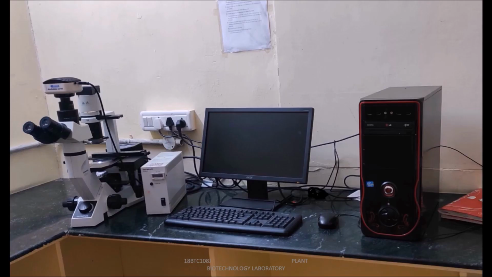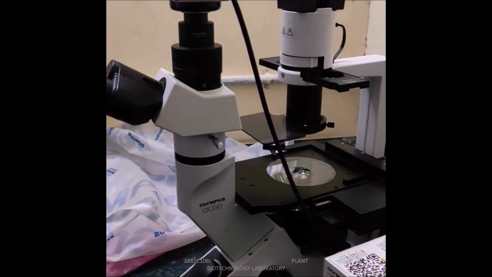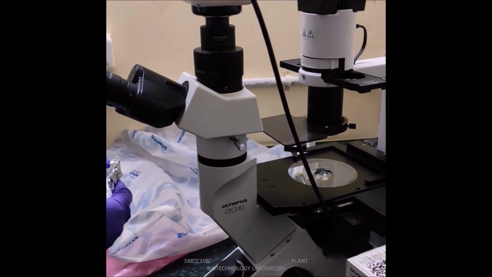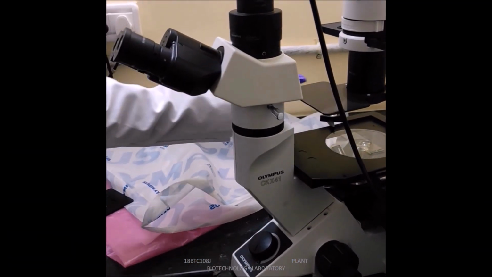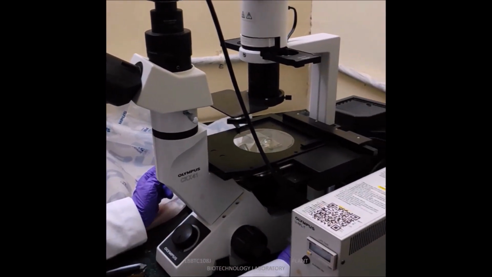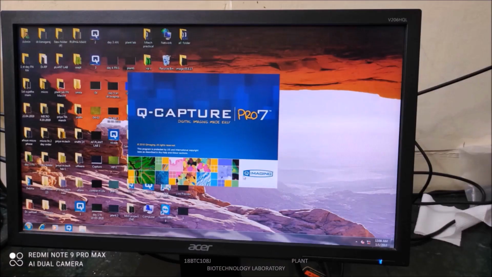So using this fluorescent microscope, we analyze the FDA stained cells. The FDA stained cells taken on the microscopic slide are placed on the fluorescent microscope and the images are captured using Q-Capture software.